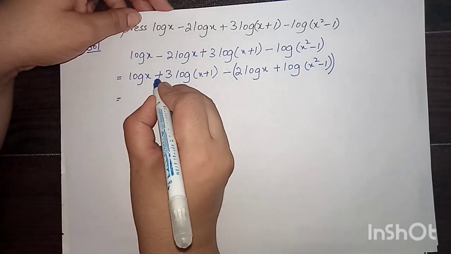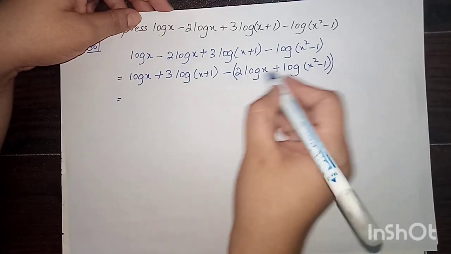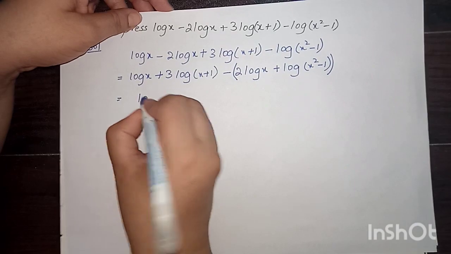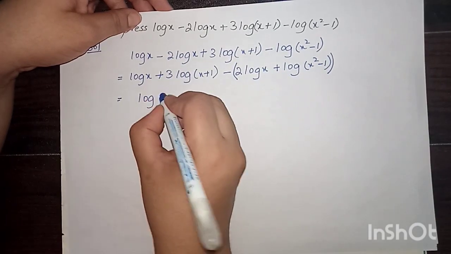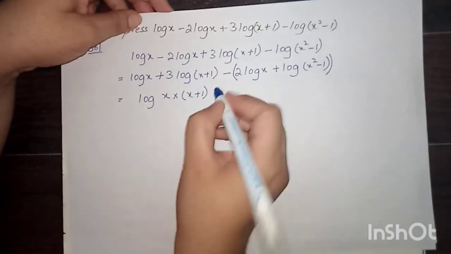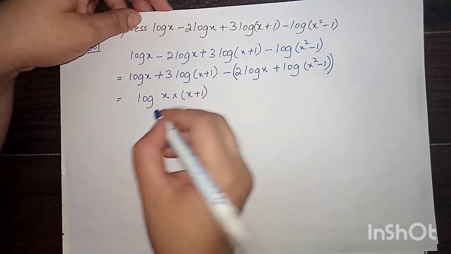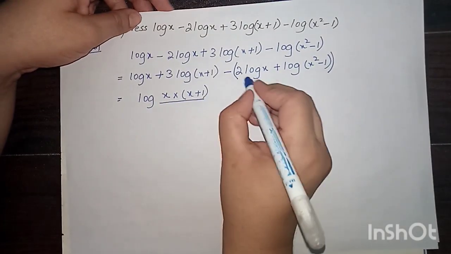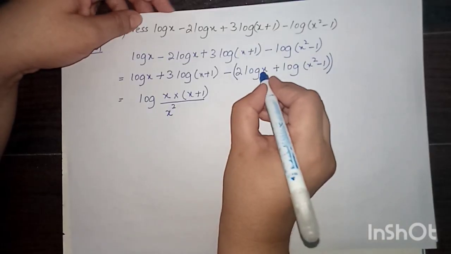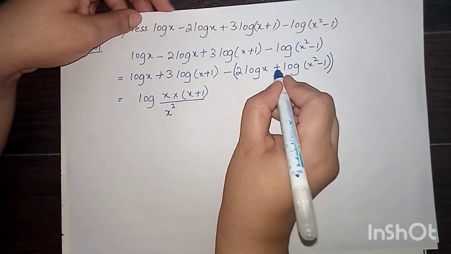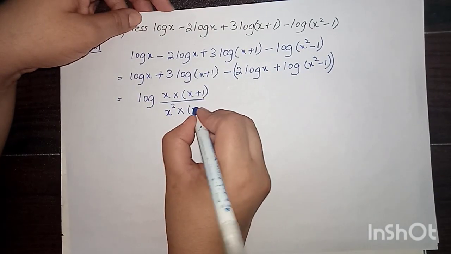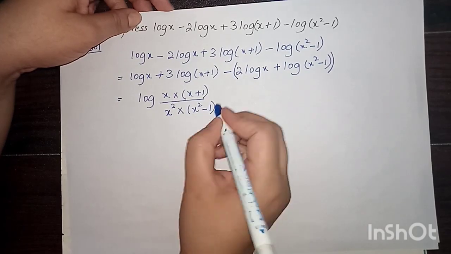Now this is multiplication, this is division, and this is again multiplication. So we will write it as log of x multiplied by x plus 1. Then for this sign, divide by x square, power rule, x to the power of 2, then the plus sign again converts into multiplication. This is equal to x square minus 1.